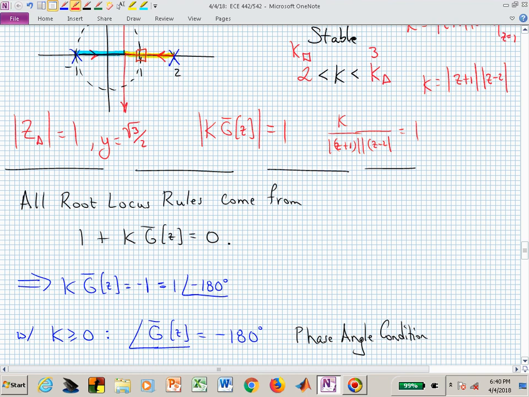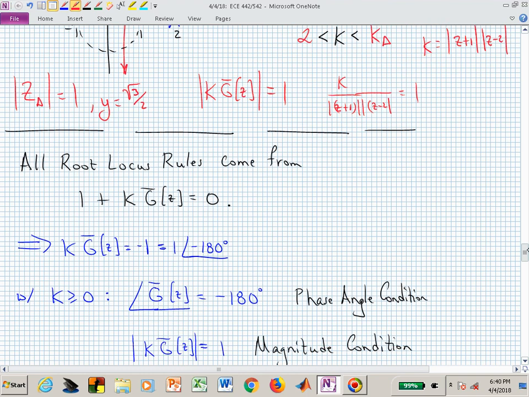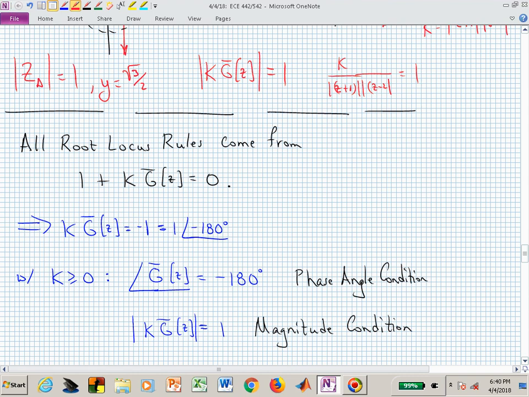That's 1 plus kg bar of z. There's nothing funny about that. Well, maybe there is. That's okay. Humor helps you learn. Did you know that? Maybe. All right. So we've now found that 1 plus kg bar of z is what we're interested in. That's the denominator of our closed loop transfer function.